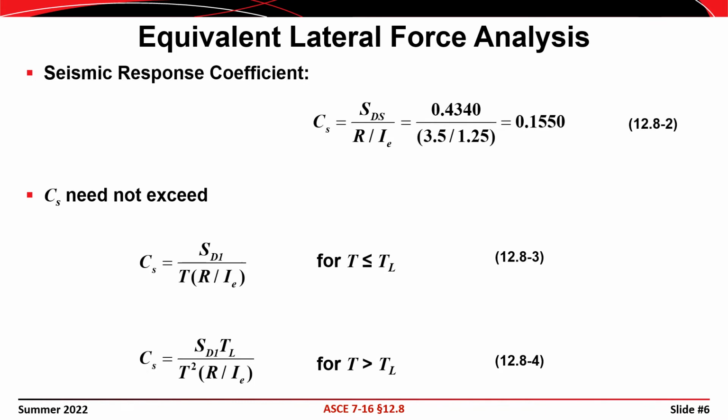However, C sub S should not exceed S sub D1 divided by T times R over I if the period of our structure is less than T sub L, and C sub S should not exceed S sub D1 times T sub L divided by T squared times R over I if the period of our structure is greater than T sub L. In this case, the period of our structure is 0.838 seconds, which is less than T sub L, so the first of those two equations, equation 12.8-3, applies.